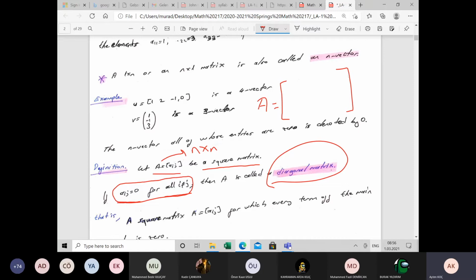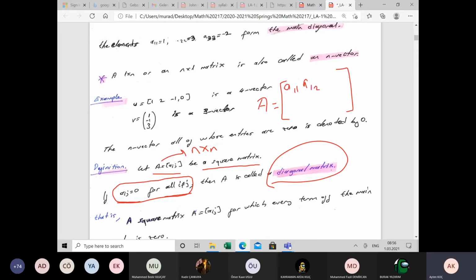What does it mean? The first entry is A sub 1,1. The second one is A sub 1,2. Here 1 is not 2, so the entry should be 0.